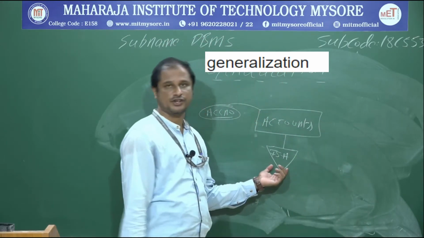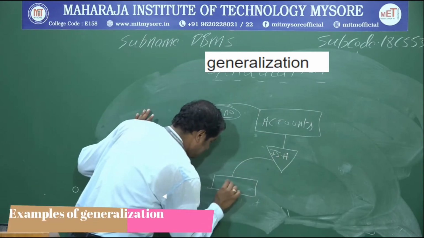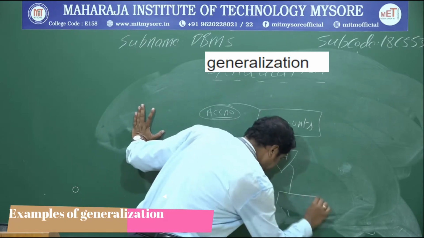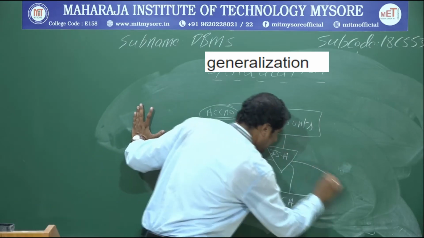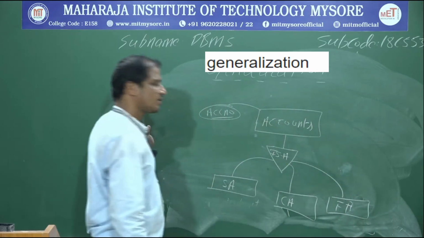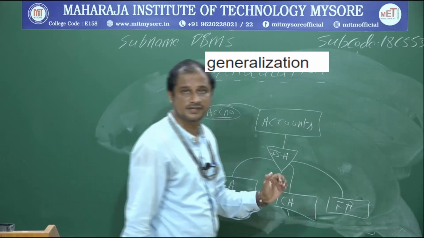This is the generalization symbol, where accounts can be saving accounts, current account, fixed account. So an account can be a fixed account, current account or savings account.